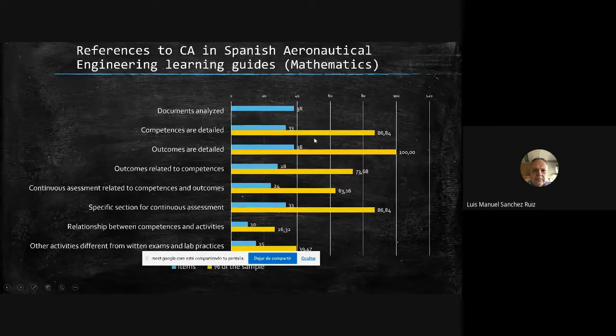So we looked at a total of 35 different documents of different mathematics subjects, and you can see in blue how many mentioned it, with more or less depth. So you see that they are mentioned, but sometimes there is a relation between competencies and activities they are doing, or other exams different from written exams or lab practices. So it is becoming more general in Spain, but we still have to advance also.